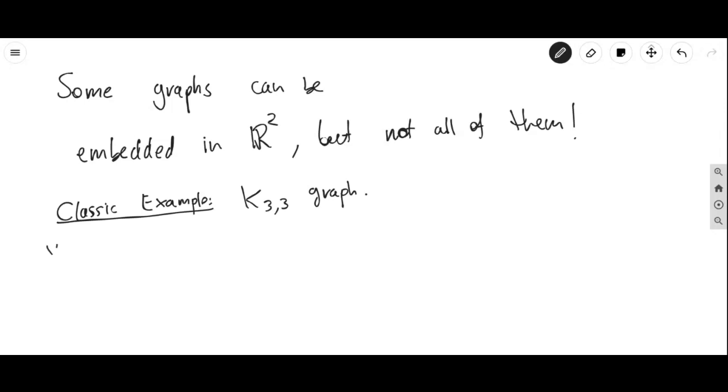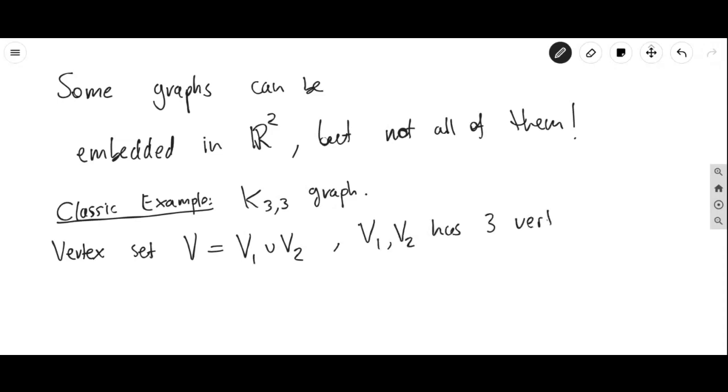So you have the vertex set, which can be written as, let's say, V1 union V2, where each of these has 3 vertices. So there's 3 in this one, and there's 3 in this one. So that's why you write it. And the K means it's complete.